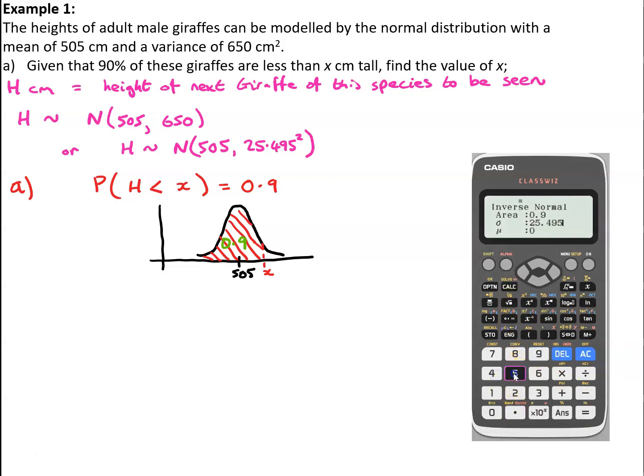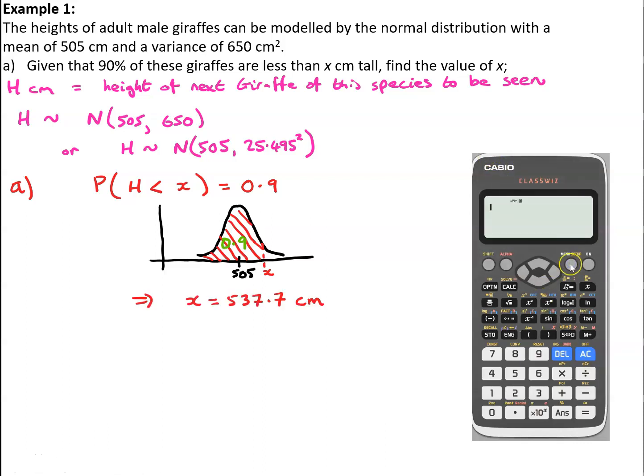And we need to put the mean value in, which is 505. And then press equals and equals again, and that will tell me that the value of little x is 537.7.